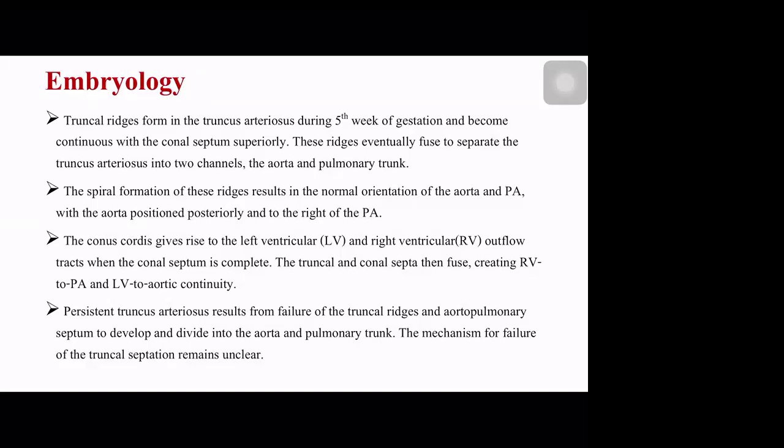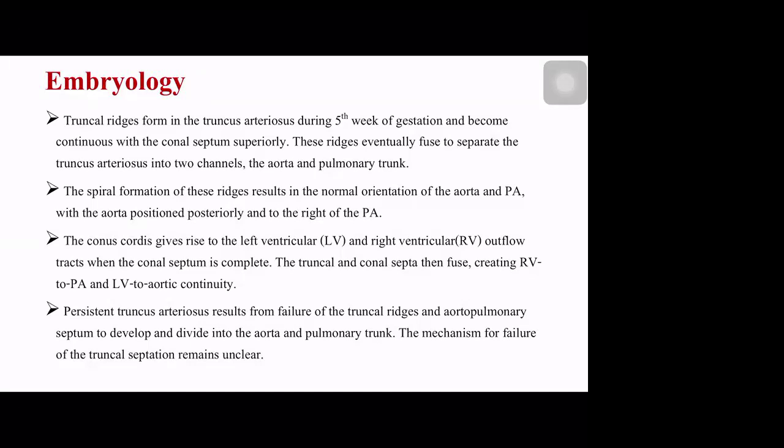Now, the spiral formation of these ridges results in the normal orientation of the aorta and PA, with the aorta positioned posteriorly and to the right of the PA initially during the development. After that, the conus cordis gives rise to the left ventricular and right ventricular outflow tract.